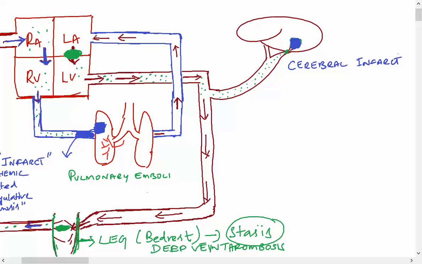Okay, I'm giving another example. A person gets blood supply to the kidney, right, so that is the renal artery which supplies the blood to the kidney. So something happens in the renal arteries.